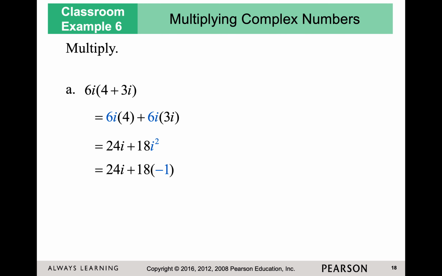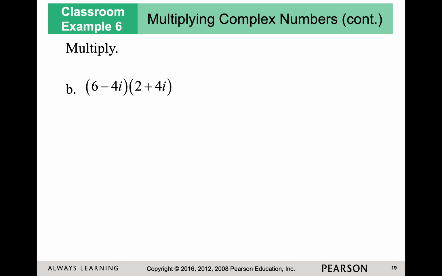If you enter i squared into the lab, it's going to be wrong. So this would be -18 plus 24i. Why did I write it that way? Because they want you to write this a plus bi. So you have to write the constant in the front, and the back needs to have your b value and your i value. Here I'm going to FOIL.